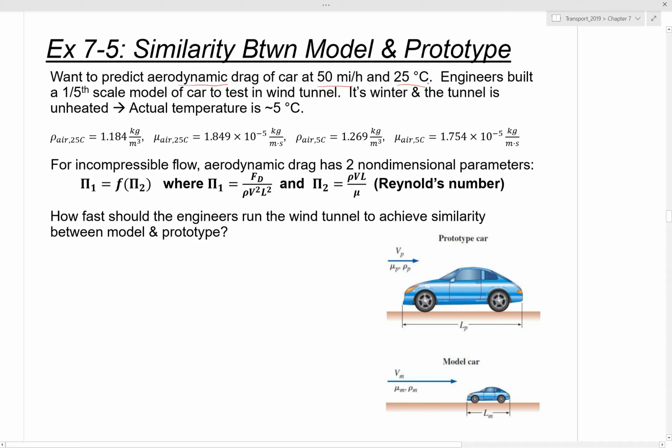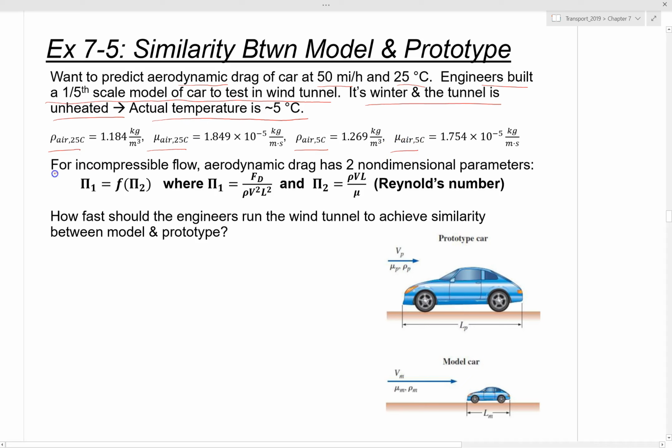So just like most design problems, engineers first built a 1/5 scale model of a car to test in the wind tunnel how it would perform. It's winter and the tunnel is unheated, that is, the actual temperature is around 5 degrees Celsius. Density of air at different temperatures are provided, viscosity is provided, right?